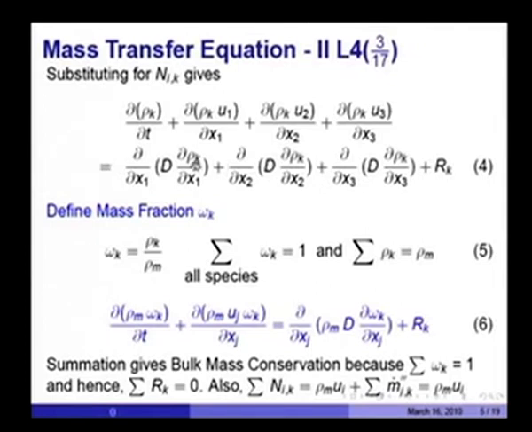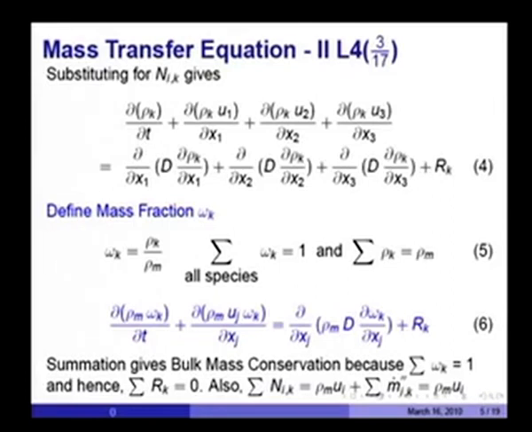Rho k has units of density. It is customary to define mass fraction omega k as the specie density divided by the mixture density, and therefore, the sum of omega k equals 1 by Dalton's law. Another way of saying this is that the sum of densities is equal to the mixture density.